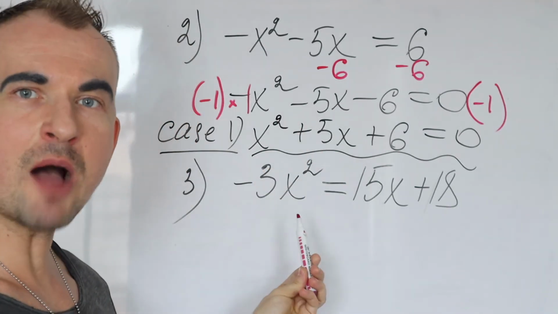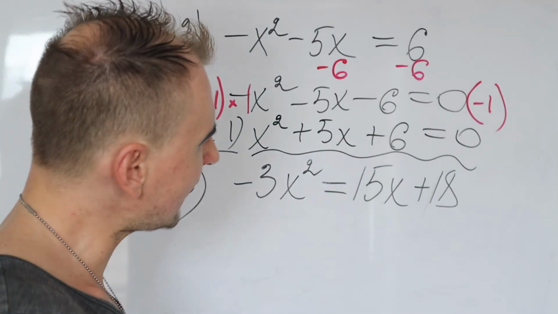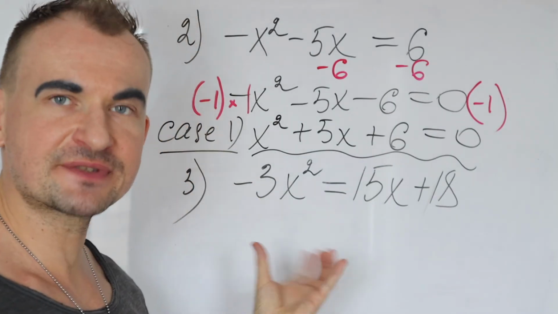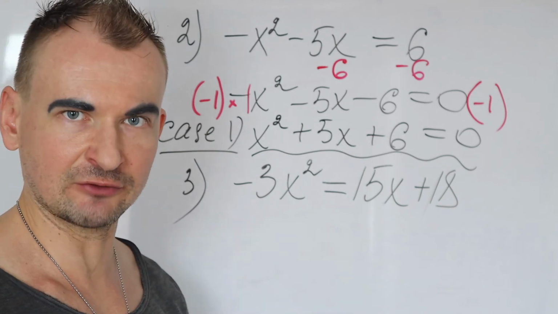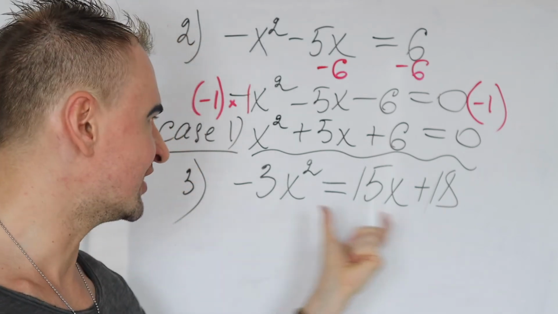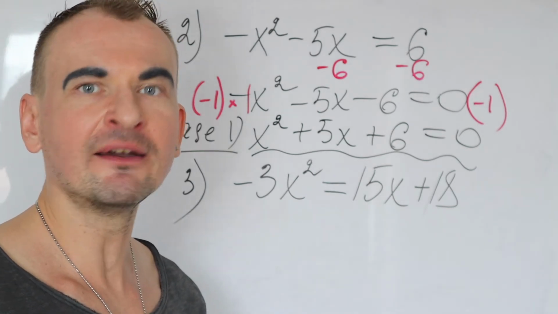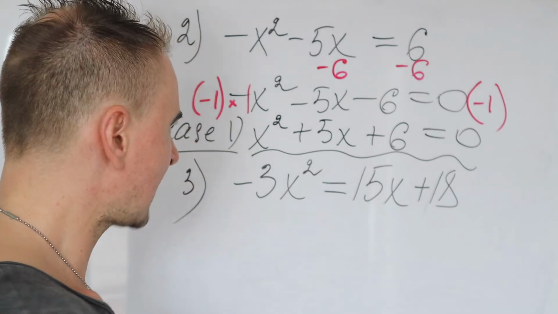Moving on. How about this one? How to handle this one? All right. At first glimpse, it's not written in standard form. So start by rearranging your equation into standard form.